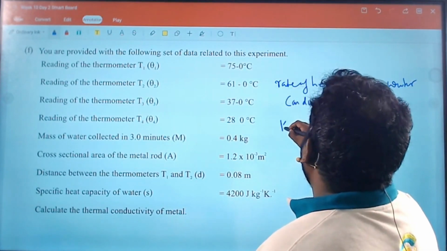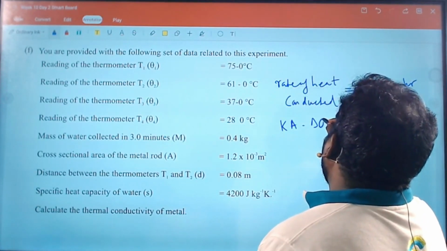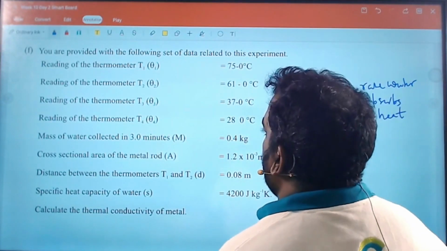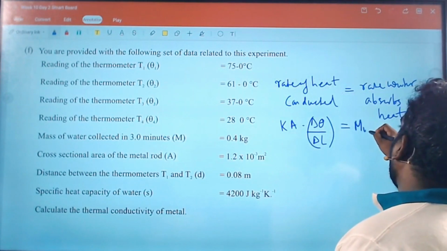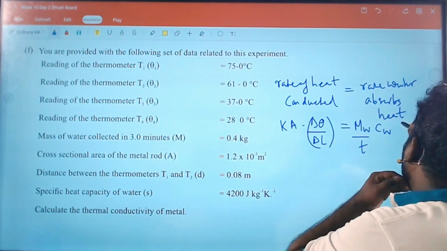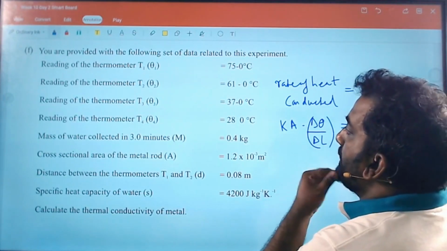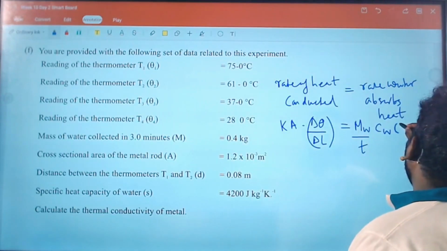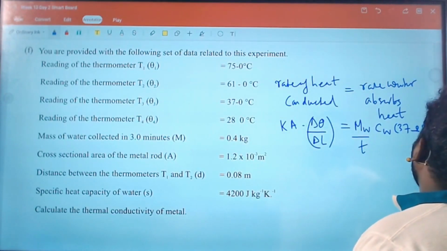So here K times A delta theta over delta L equals mass of water times specific heat capacity of water times change in temperature of water. Change in temperature of water, 37 minus 28.